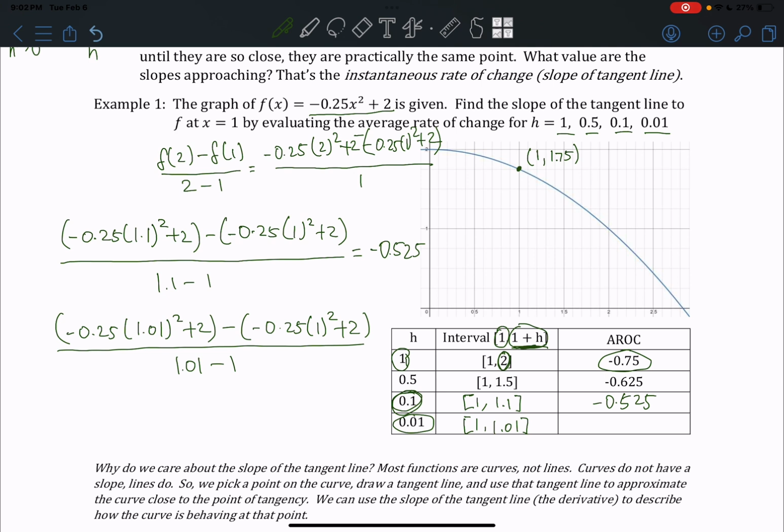And again, if you punch that into the calculator correctly, you get negative 0.5025.